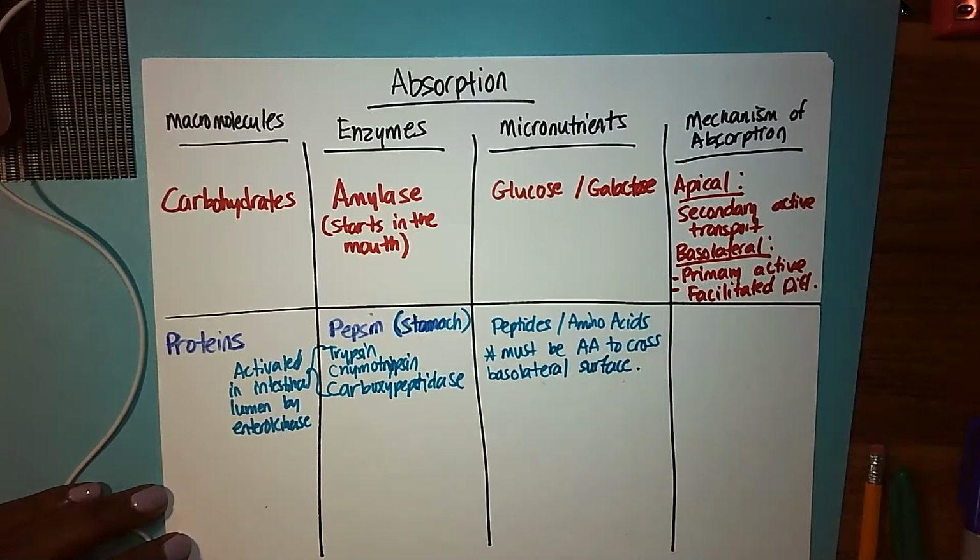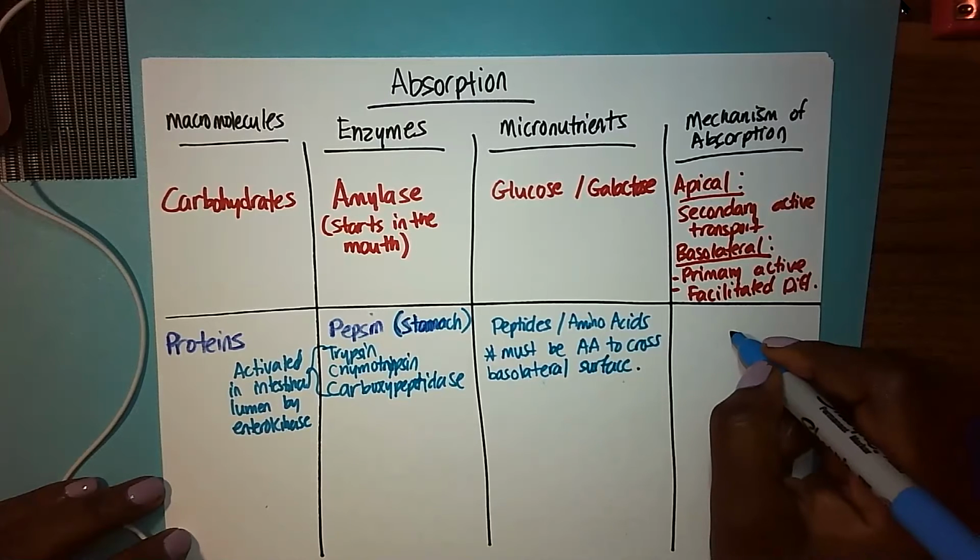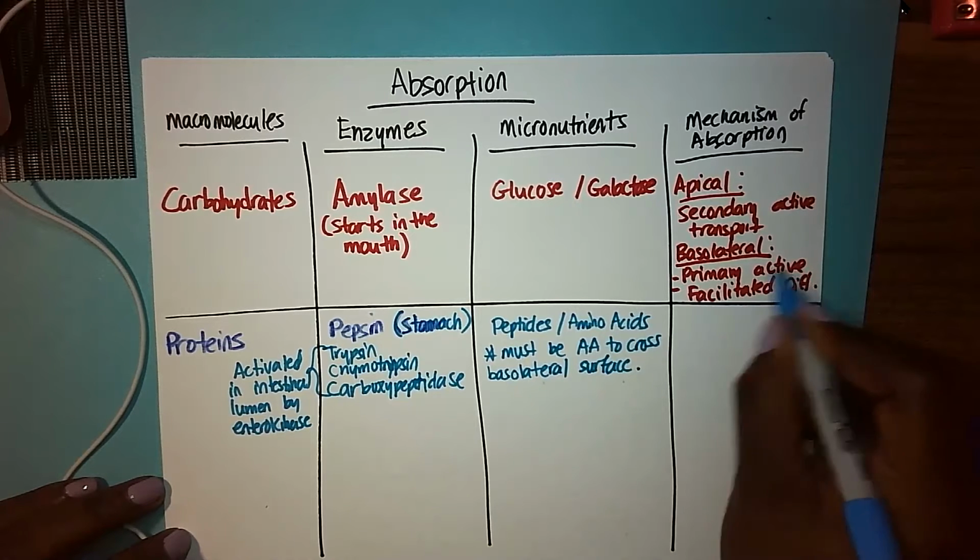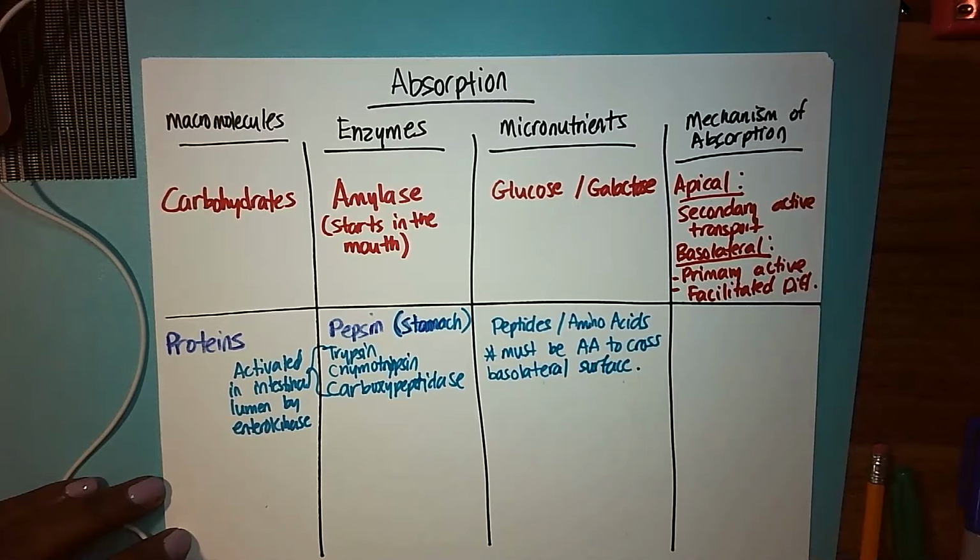Okay, and then the mechanisms here were the exact same as carbs. They got into the cell via secondary active transport in exchange for sodium, and then they can move across the basolateral surface via facilitated diffusion. Okay, and then the sodium-potassium pump is creating the relative gradients to facilitate that.